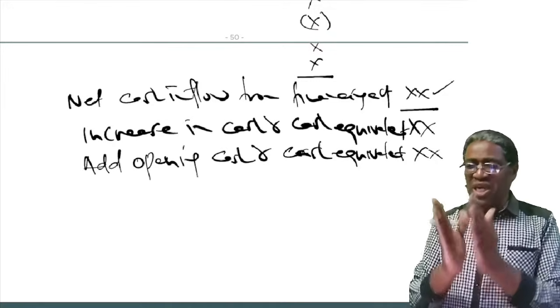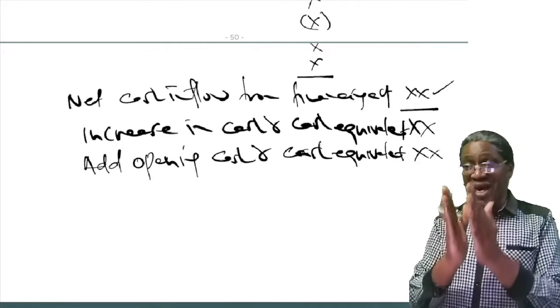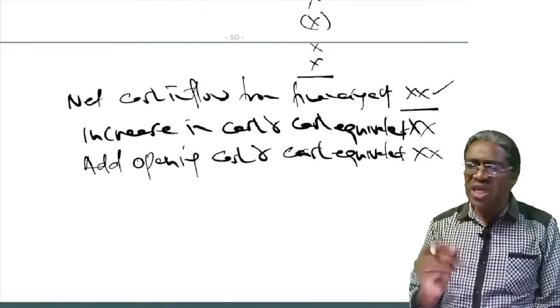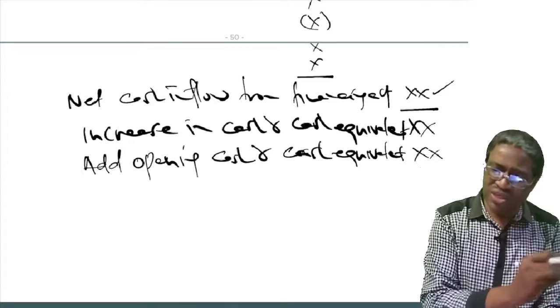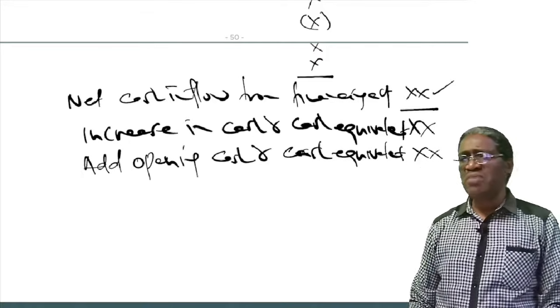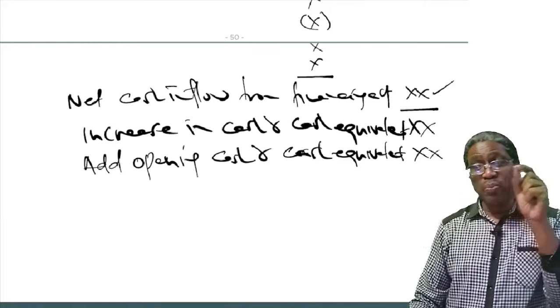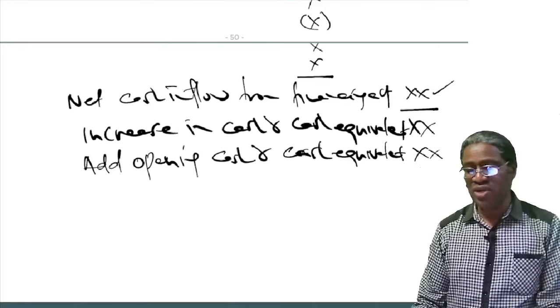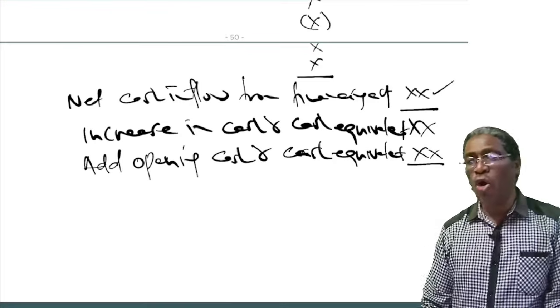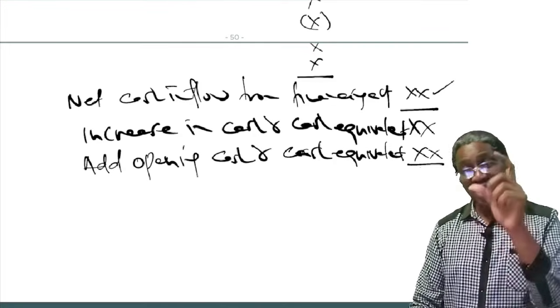So we are preparing our cash flow statement for the current year, but you need the balance of the previous year. And whatever was the closing balance of the cash and cash equivalent last year, which you pick from the balance sheet last year, that's what you call the opening cash and cash equivalent.